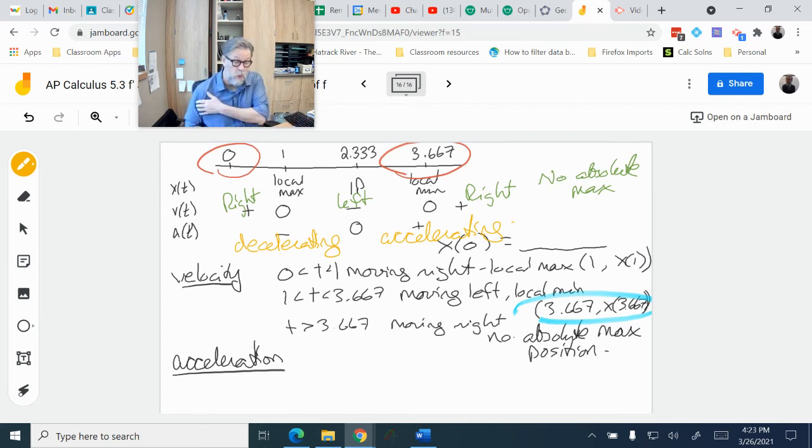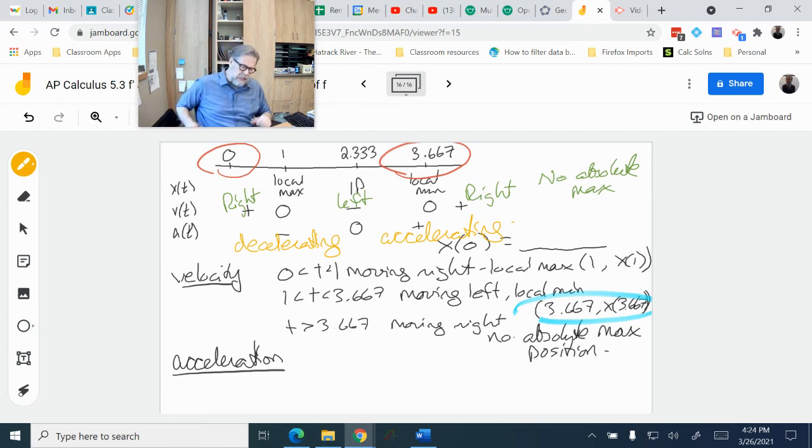Well, it explains why it moves to the right and then stops and then moves back to the left, because the acceleration is a drag on this particle. As the particle moves to the right, acceleration is pulling it backwards, and eventually it's going to slow down and come to a full stop. And then it starts moving to the left. And notice that at some point during the leftward movement, the acceleration then starts pulling it back to the right.